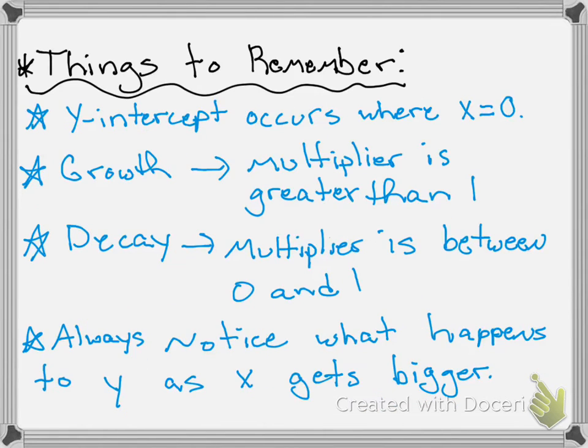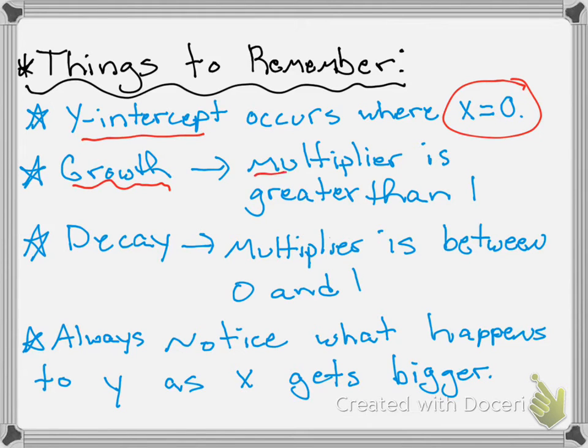So a couple of key points to remember when you are trying to make the equation. Some of this we kind of already talked about. One, your y-intercept occurs where x equals 0. We just mentioned that. If as your x values are getting bigger, the y values are getting bigger, then the table is showing exponential growth.